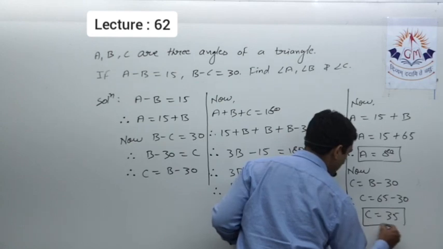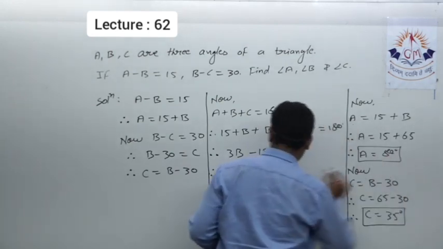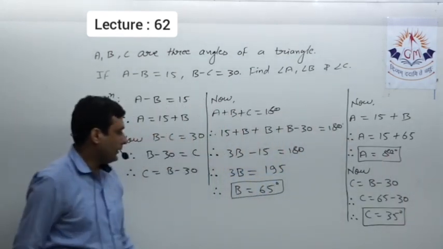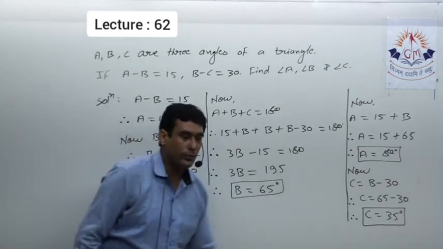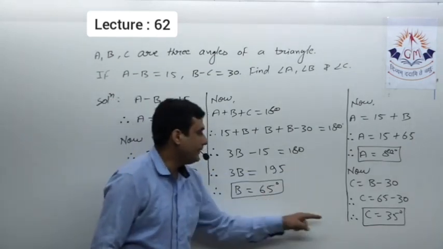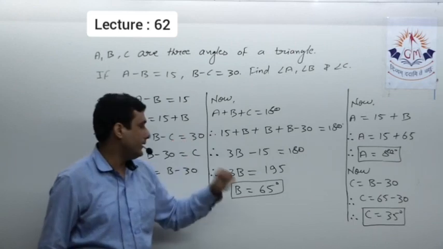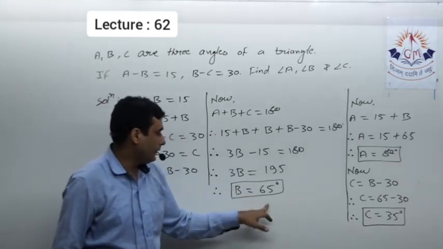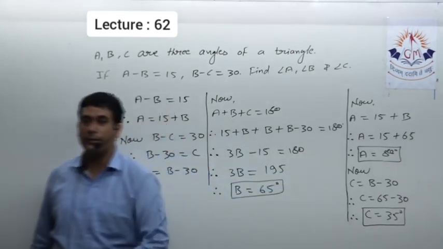So I got the measure of all three angles in degrees. A equal to 80 degree, B equal to 65, C equal to 35. Now you can check by adding these three, definitely you will get 180. 65 plus 35, 100 plus 80, 180 degree.